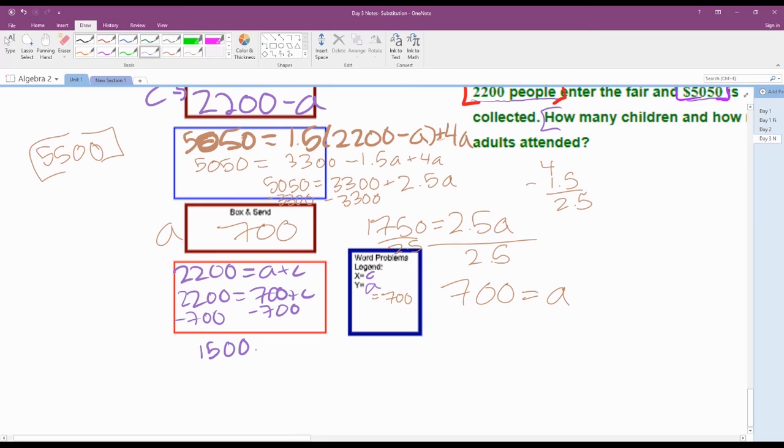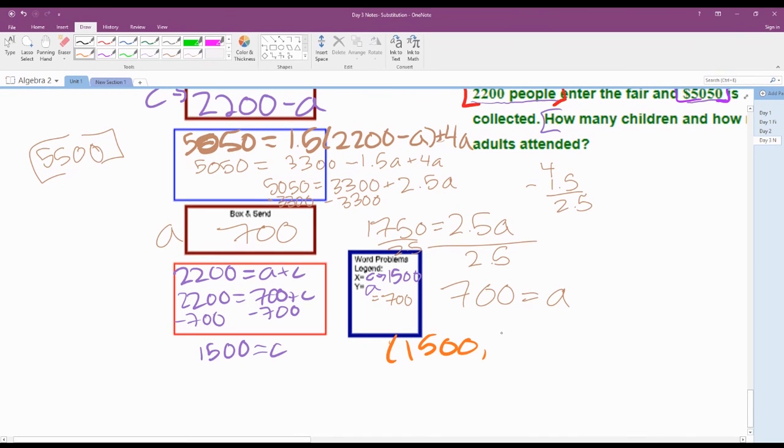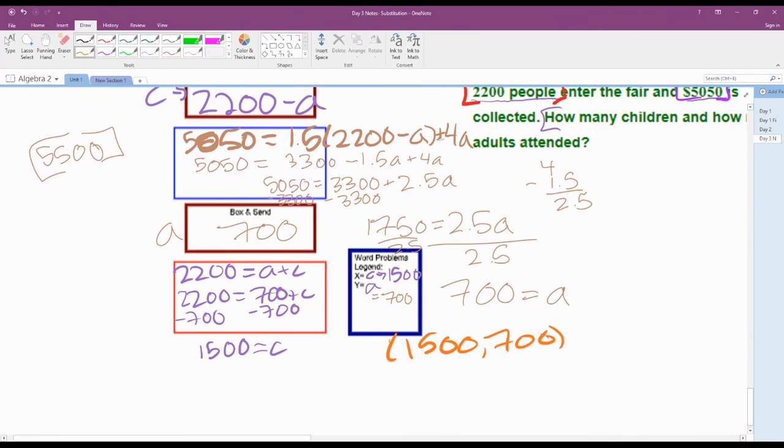I don't know why Americans say 1,500 that way. It's probably not a good habit, so I will try to avoid doing that. Okay, so that tells me that my point should be 1,500, 700. So let's see if that's the case.